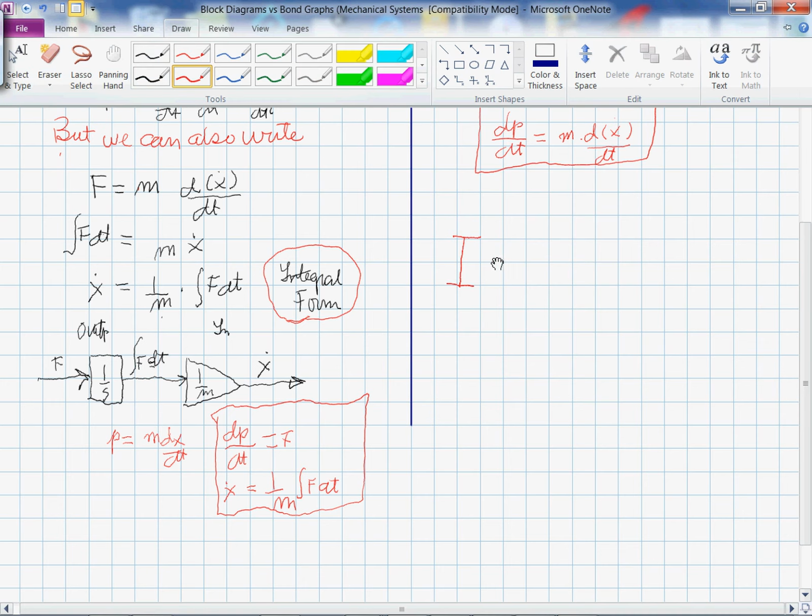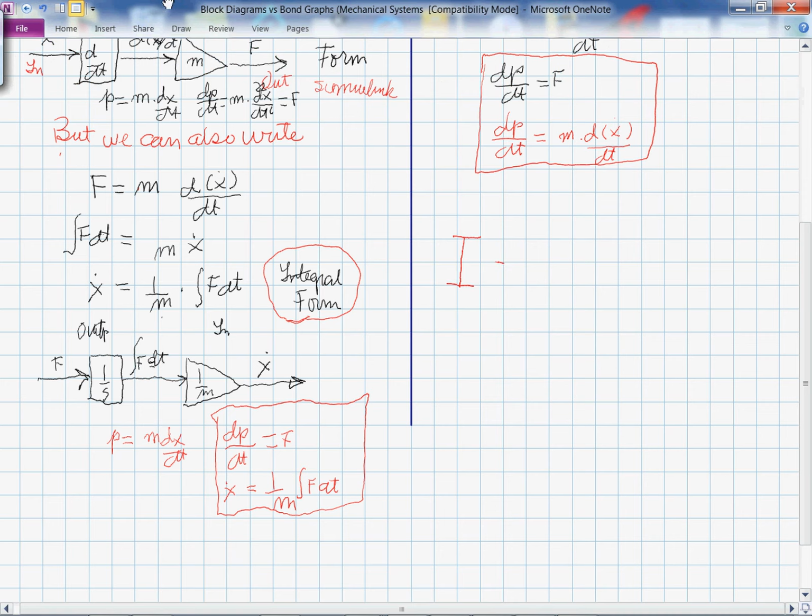Oh, we need to change the pin, and that is, in this case it's very obvious that you could see that the output is the velocity, and the input is this force. So the force is represented by that crossbar. So what I'm going to do is put the crossbar like this, yeah.